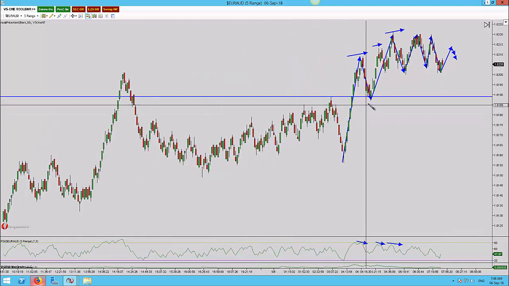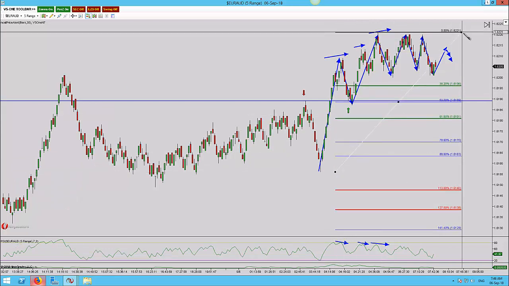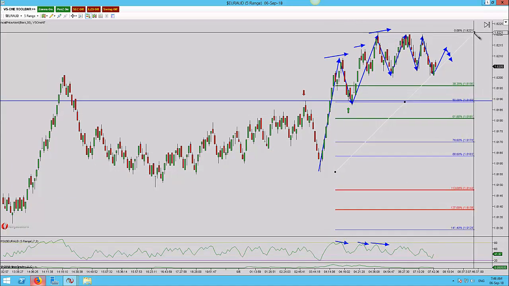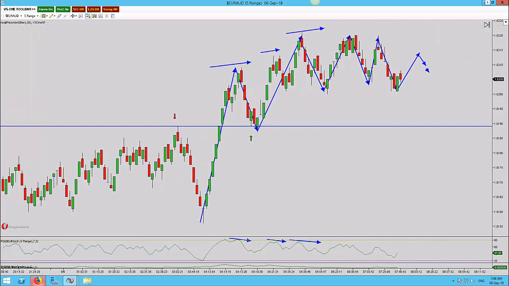It's not a bad area to take targets. Do I have any fib confluence? I think just a 50% there. We'll come back and see whether or not this trade comes off.